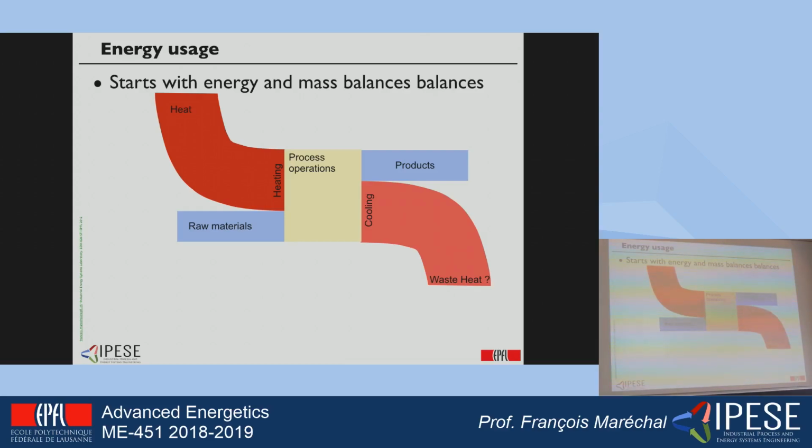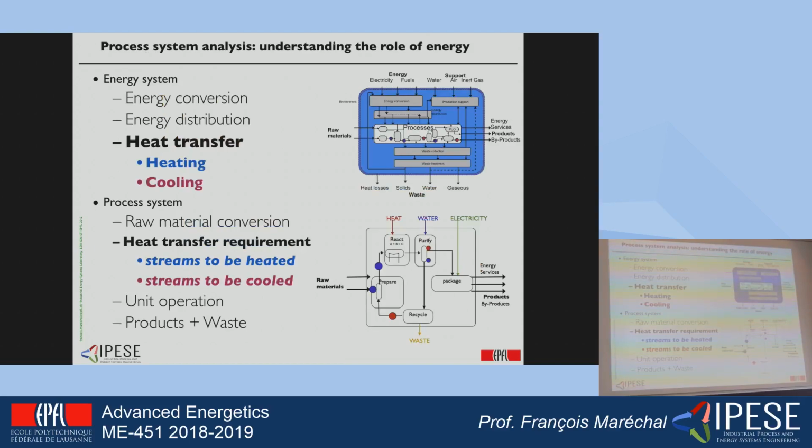And then we have been able to define the streams to be heated and the streams to be cooled down, allowing us to define where we can recover the heat.